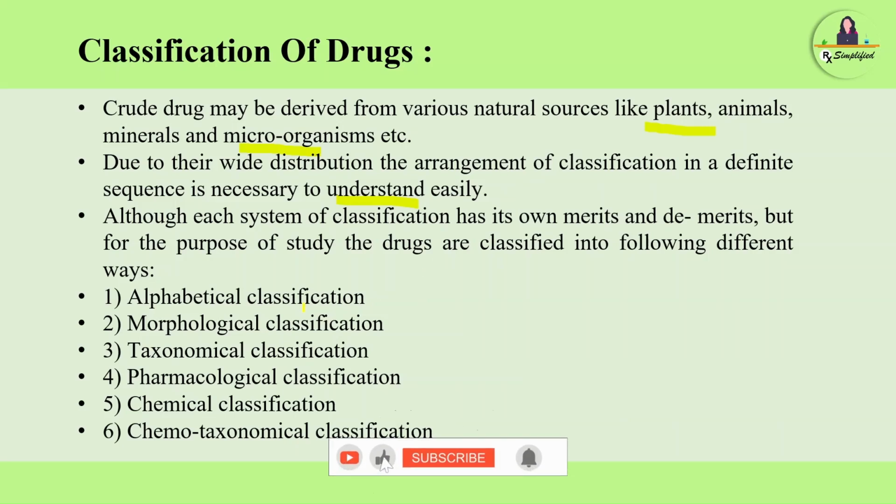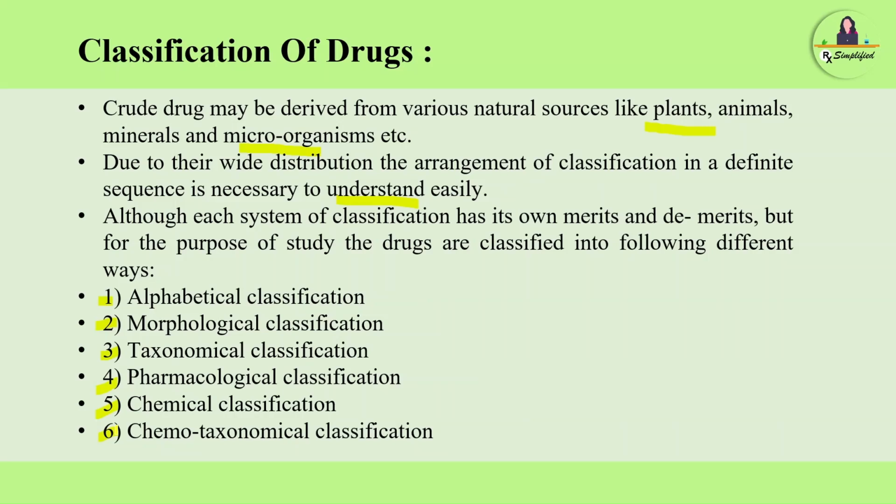What are the types? Alphabetical classification, morphological classification, taxonomical classification, pharmacological classification, chemical classification, and chemotaxonomical classification. How to remember these six types? There is one trick: ATM per CCTV.